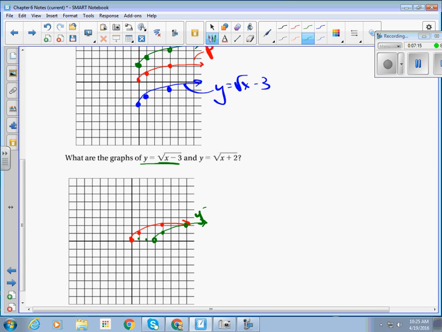And so that's y equals square root of x minus 3. Then I'm going to have y equals square root of x plus 2. So that's a horizontal shift of 2 units to the left. Back 2 units.